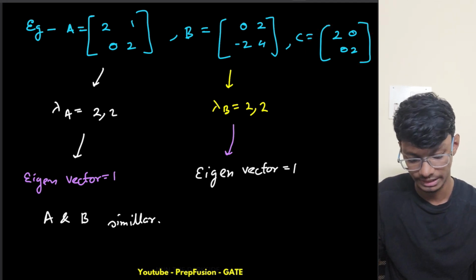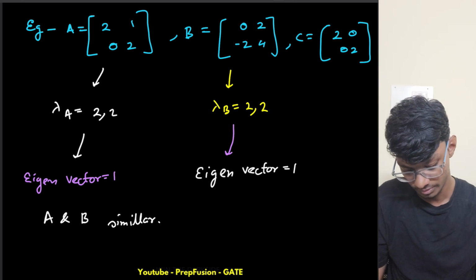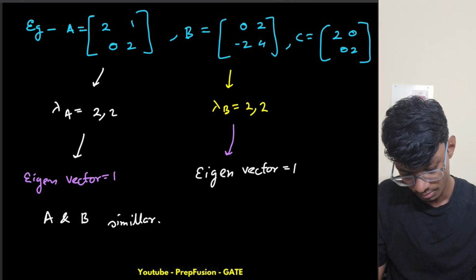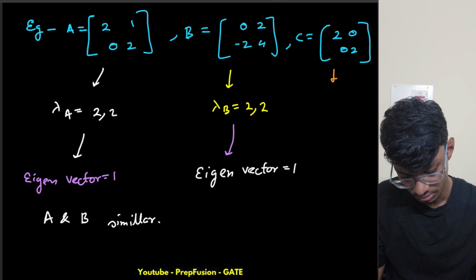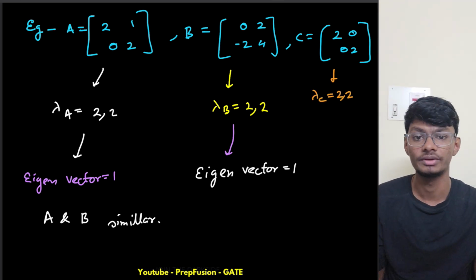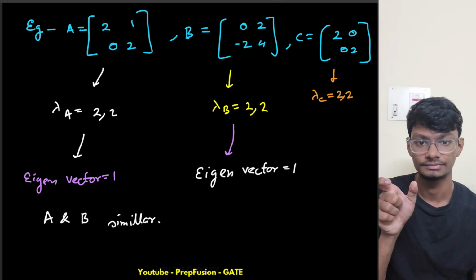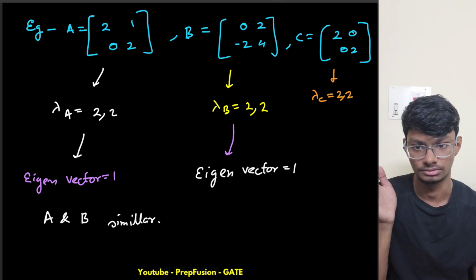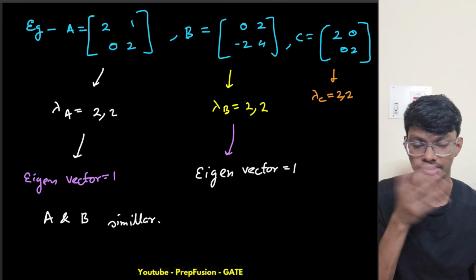This is a diagonal matrix also, so the eigenvalues will be the same. Lambda c eigenvalues will be the same, but it can have so many eigenvectors, because anything multiplied with the identity matrix, I will get that matrix only.